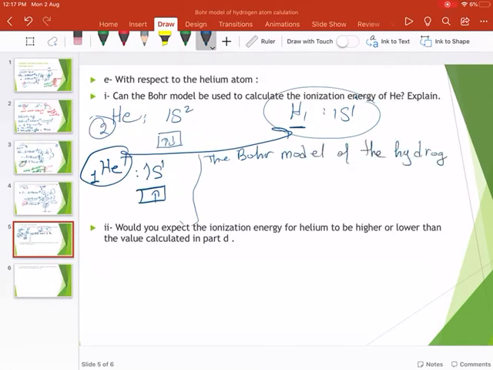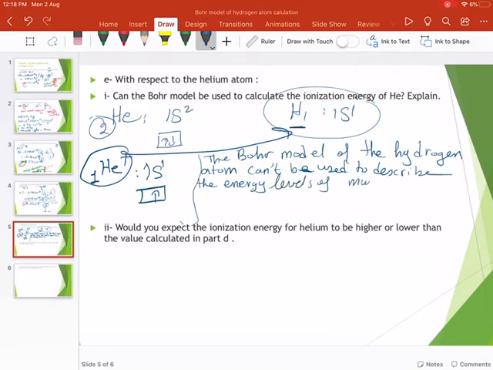So the answer: the Bohr model of the hydrogen atom cannot be used to describe the energy levels of multiple electron systems, as we said, which is more than 1 electron.